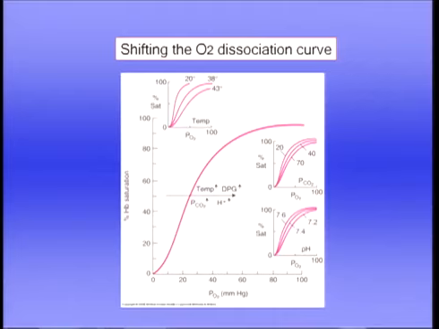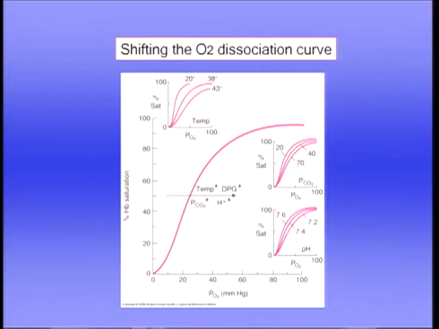Now, the oxygen dissociation curve is shifted under various conditions, and these are very important. We talk of shifts of the oxygen dissociation curve. We could also talk of changes in the oxygen affinity of the hemoglobin, because if we shift the curve to the left, for example, the saturation or the concentration for a given PO2 is increased. That means we've increased the oxygen affinity of the hemoglobin.